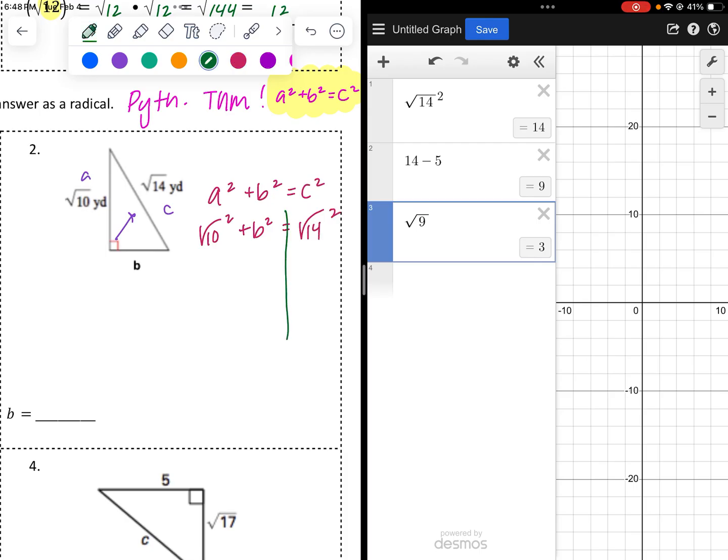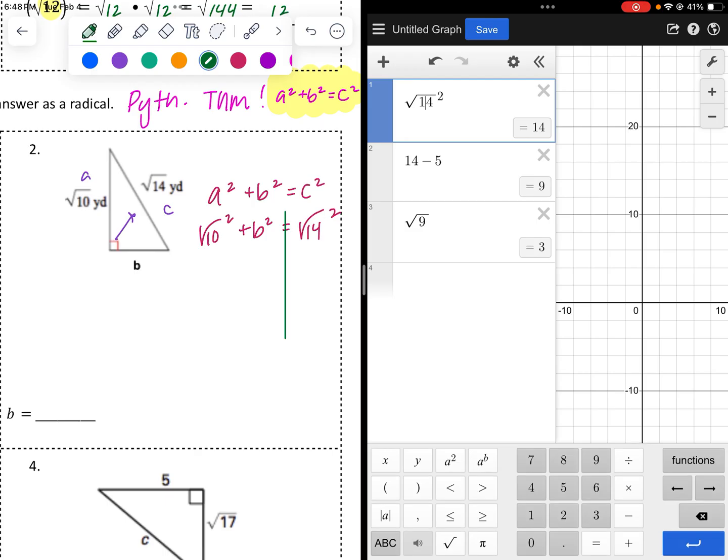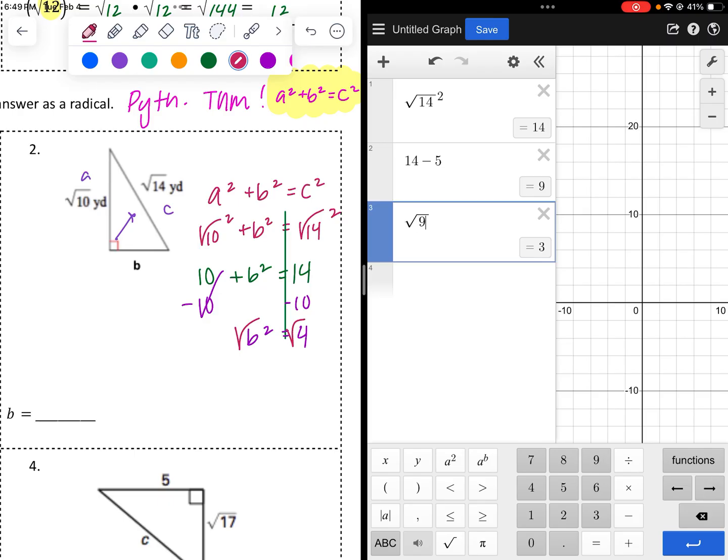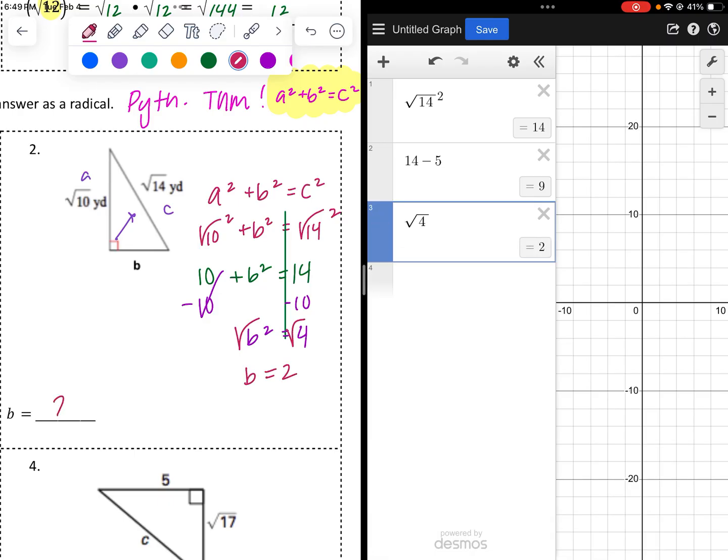If I take radical 10 and square it, I just get 10, plus b squared is equal to, if I take radical 14 squared, it gives me 14. I'm going to subtract 10 on both sides. I get b squared is equal to 14 minus 10, which is 4. And like always, I have to take the square root on both sides. So the square root of 4 gives me a value of 2.